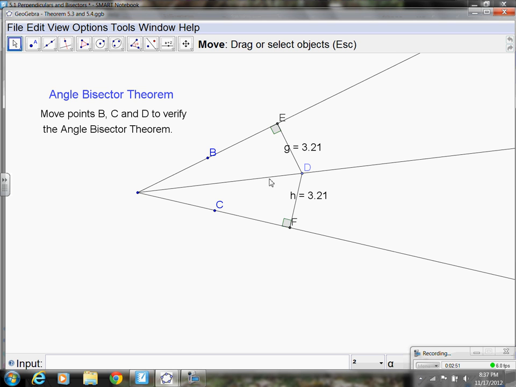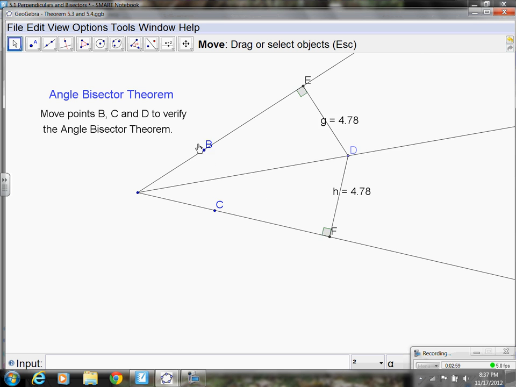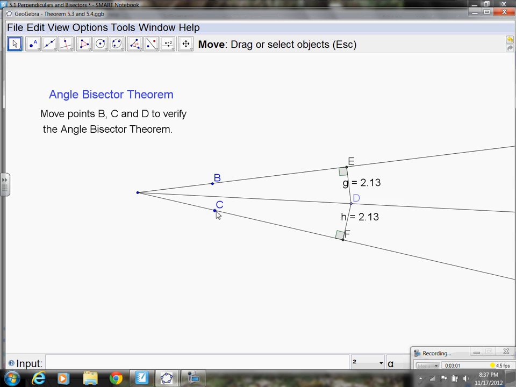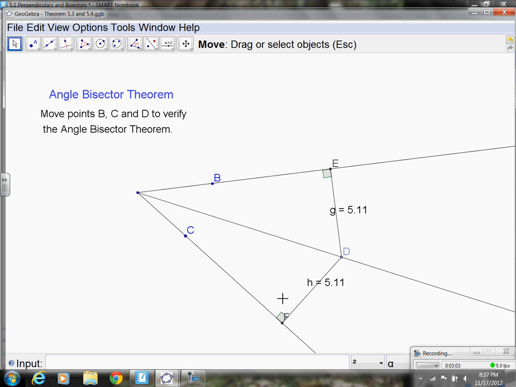So if I move point D in or move it out, and I can change this angle. What do you notice about these two segments? They're always the same length.